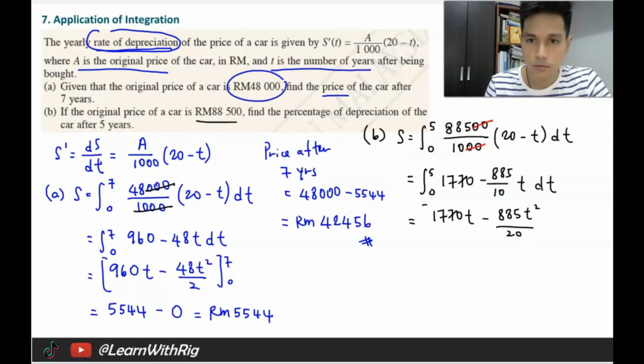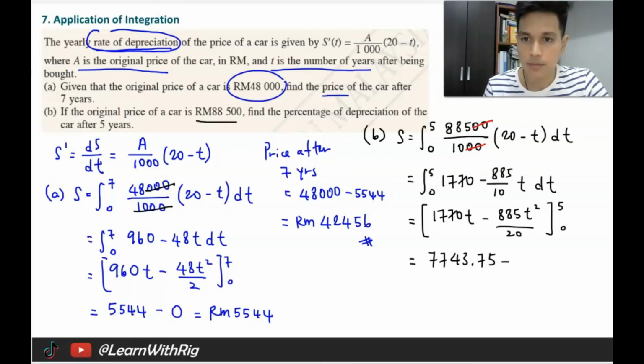You draw your bracket from 0 to 5. When you substitute 5, you should get 7743.75 minus, then when you substitute 0, you get 0. So your depreciation value is RM 7743.75. Now this is not the answer.